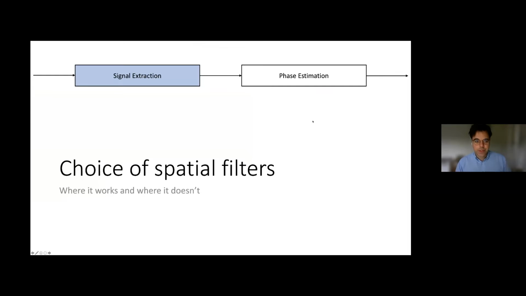And I want to just explain a little bit about these two steps. And the first is to extract the signal to decide on what we call in the clinic the montage to extract a specific brain signal, and then the question of how to estimate the state at that moment. And really, it's a question of spatial filters.